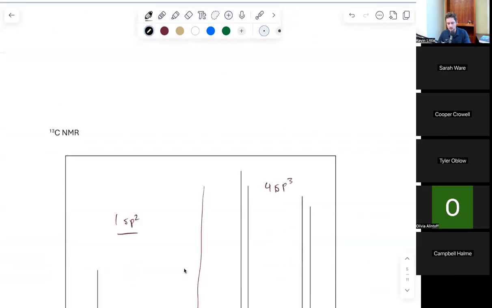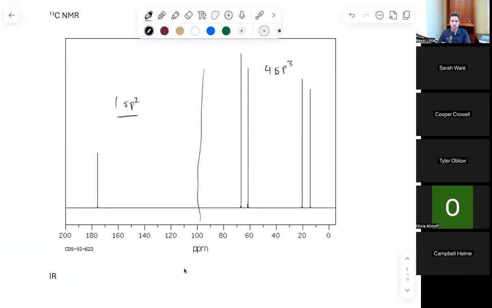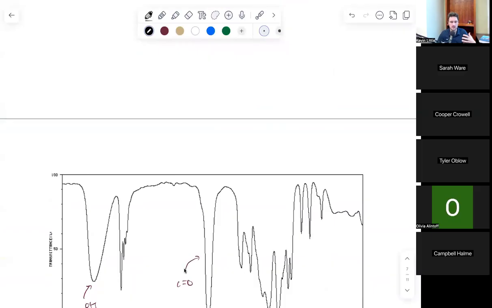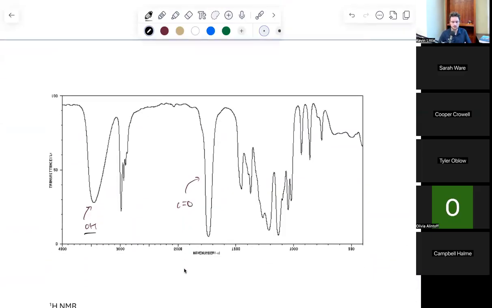Hey, this is a doublet. There's no neighbors. This is a methyl group. It's got two neighbors. I can start building that fragment. This is an exercise not in being perfect. This is an exercise in piecing together information and seeing patterns and trying to apply those patterns to more complicated problems.